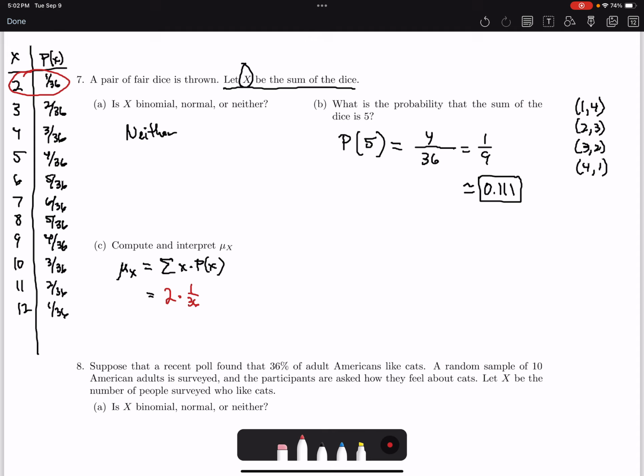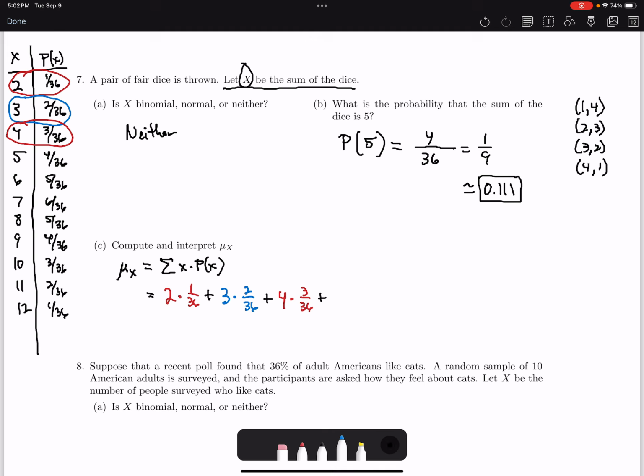And then for our next pairing, it's going to be 3 times 2 out of 36. We're going to add these up, right? Then for the next one, it's going to be 4 times 3 out of 36. And for the one after that, it's going to be 5 times 4 out of 36.